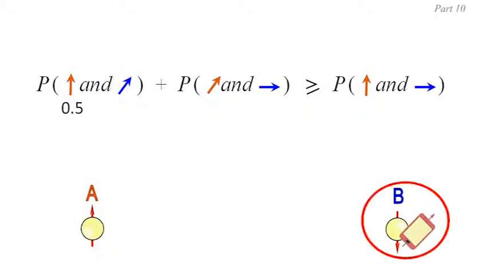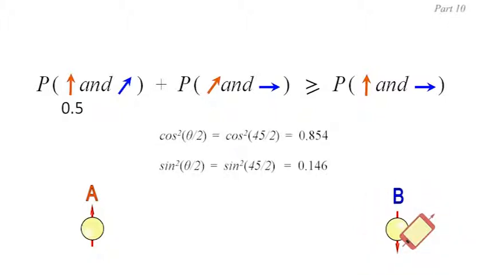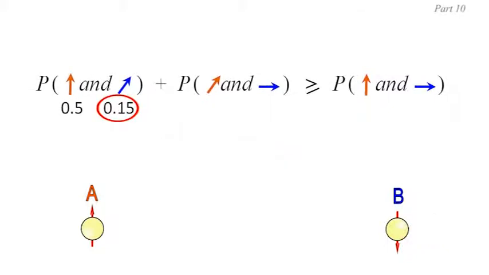This will again be a probability thing, and you should recall that the probability will go as cos squared theta over 2 and sine squared theta over 2, which for 45 degrees means a 85-15 chance of being in the direction of 45 degrees or opposite to it. In the case of electron B actually pointing down, the probability of measuring the component of that spin upwards at 45 degrees is sine squared 45 over 2, which is approximately 0.15.